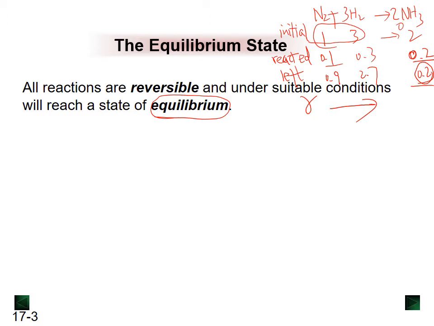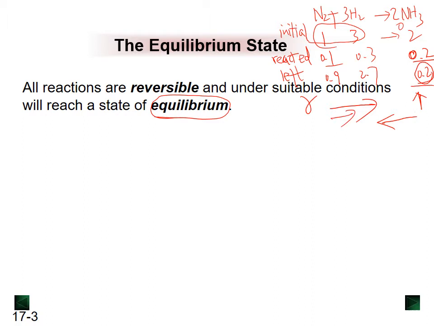With time you start to make ammonia, so the product increases, and the reverse reaction, the product going back to the reactants, has an increasing rate. The forward rate decreases because the reactant concentration decreases.